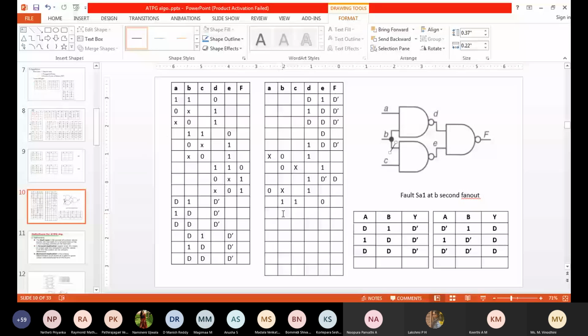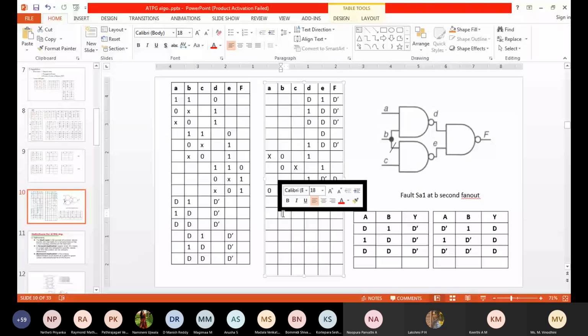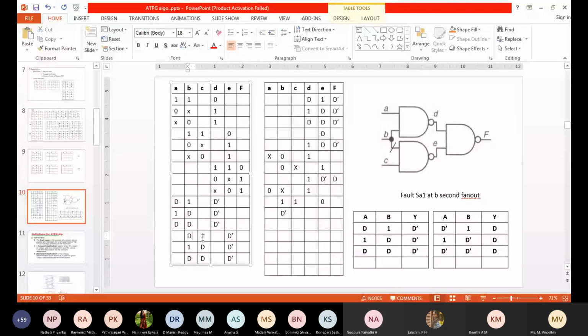The fault is 1. So at B, B dash. So this D dash, I need to take it to E. So I need to check this.